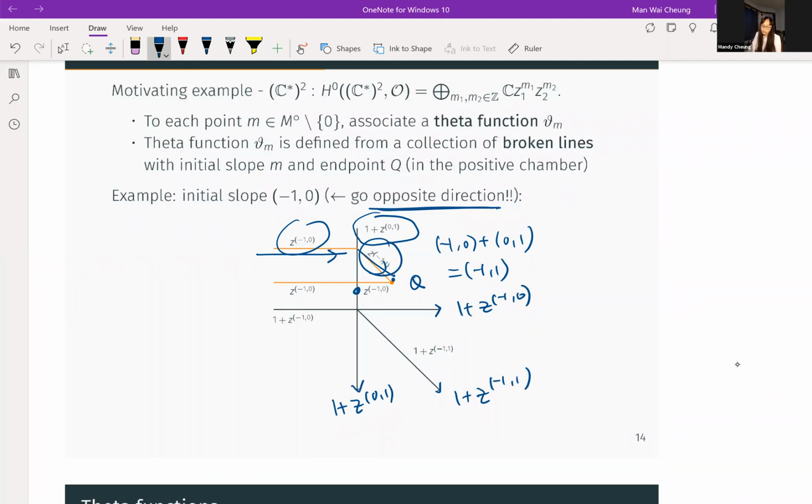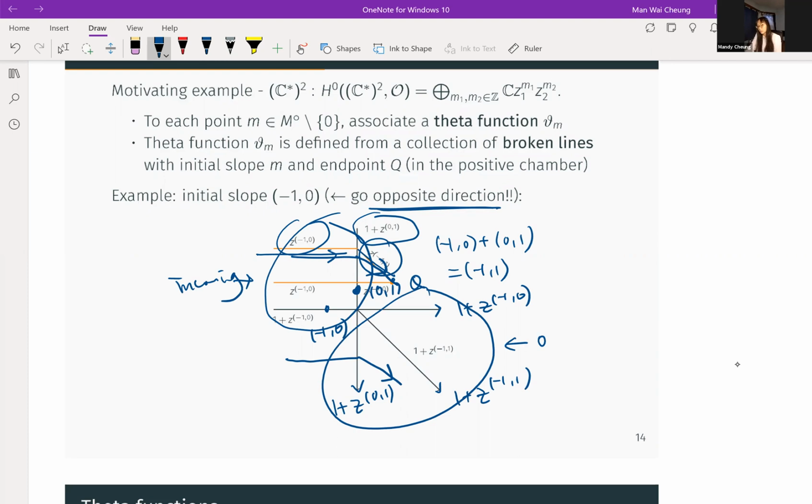This is the point (0, 1), and this is the point (-1, 0) here. It is only when the broken line bends over this way, containing this point, that it bends towards the origin. If I have a broken line here, it bends away from the origin. So these two pieces I call incoming, and those 3 pieces are called outgoing.